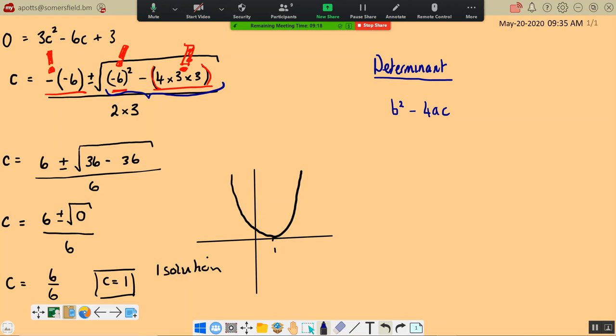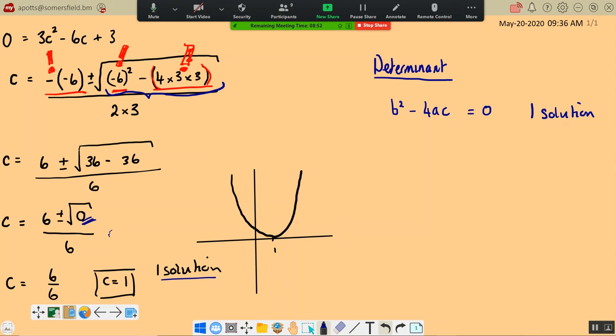Or no solutions, in fact. So if the determinant is equal to 0, like we had here, we are going to end up with one solution, because whatever this is, plus or minus the square root of 0 is the same thing.